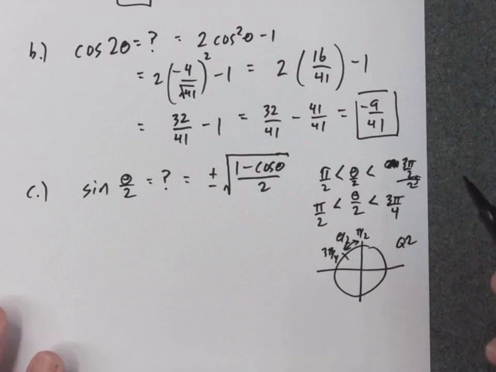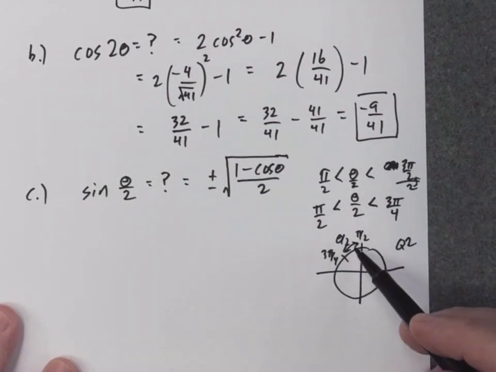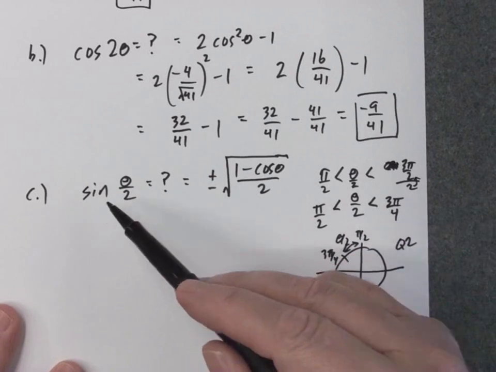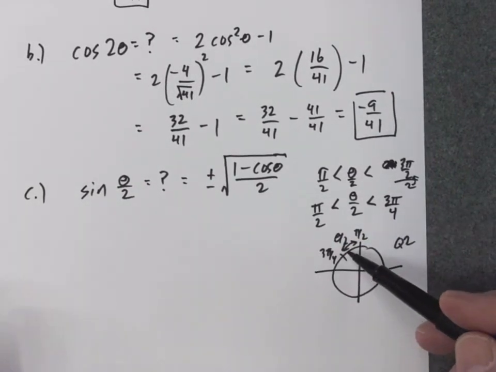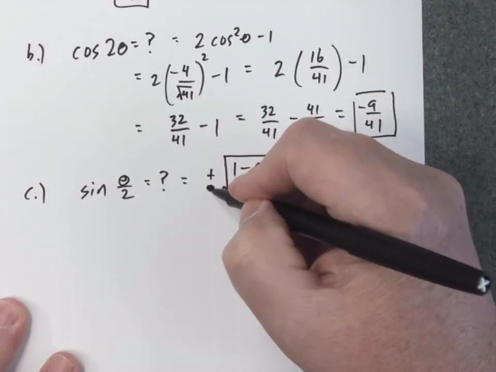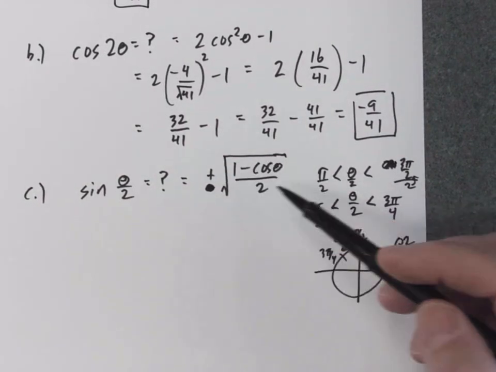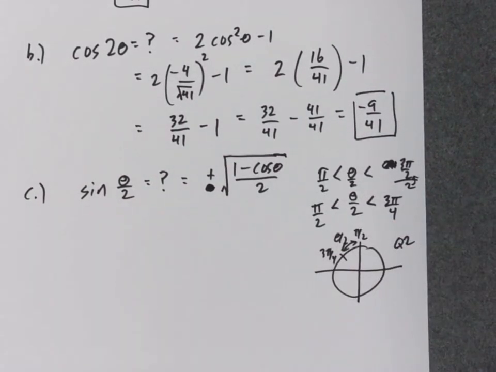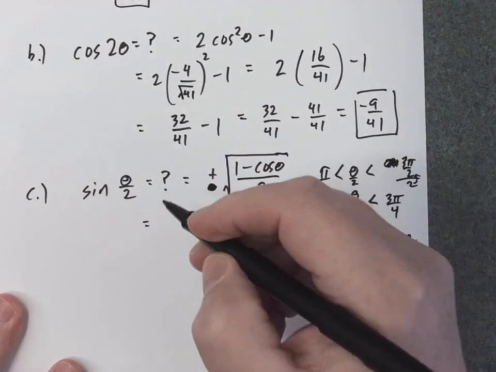So I know that theta over 2 is in quadrant 2. In quadrant 2 is the sine a positive or a negative number? Well, in quadrant 2, the sine, which is like y, is positive. So right now I just go mark out the negative, because now I know my answer is going to be a positive number. So now I can start doing my calculation.